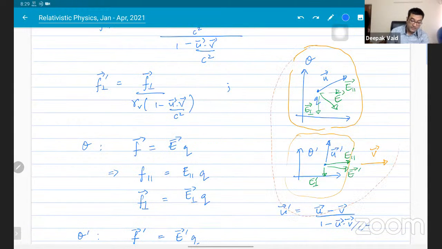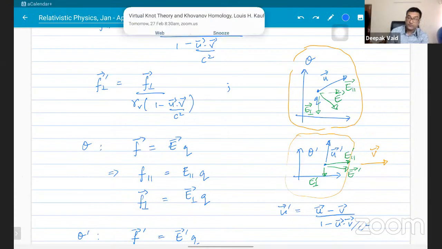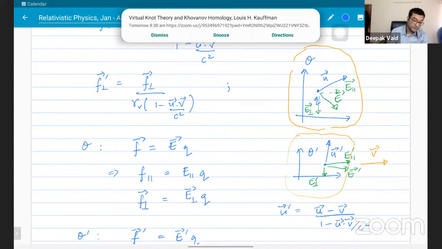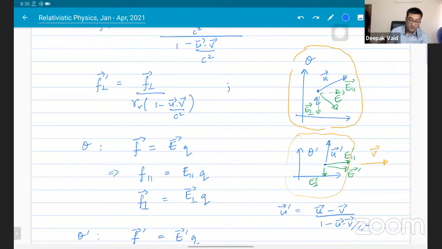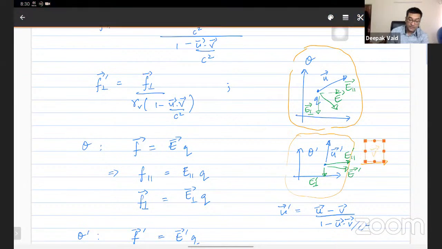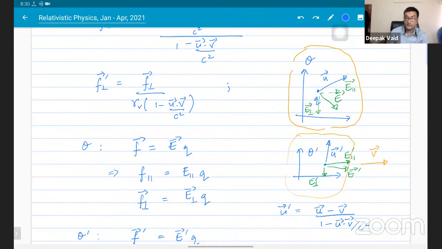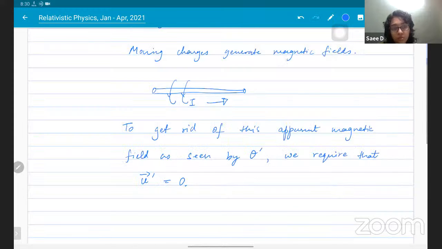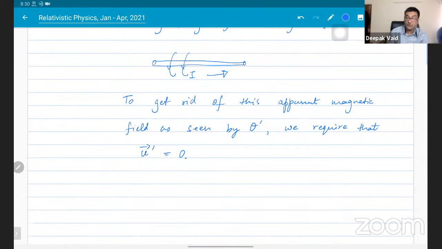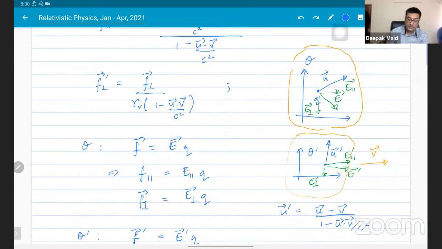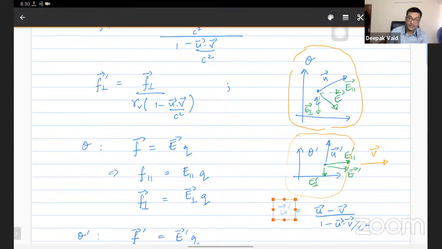Now in this picture, how can we set u prime to 0? So this is u, this is v. What is the condition for u prime to be 0? Because if we look at this picture again, u prime is equal to 0, right?